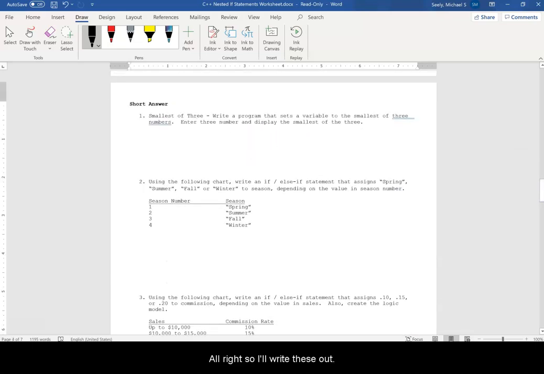All right, so I'll write these out. Smallest of three numbers: write a program that sets a variable to the smallest of three numbers. Enter three numbers and display the smallest of the three.